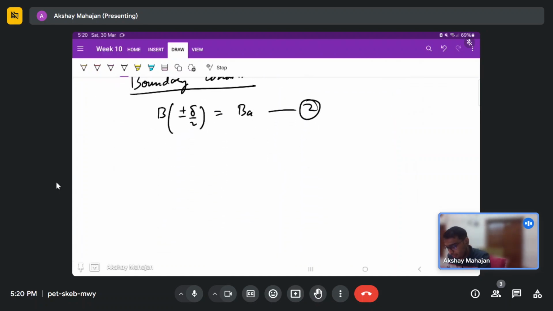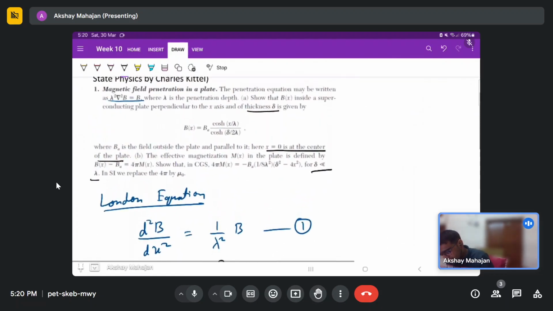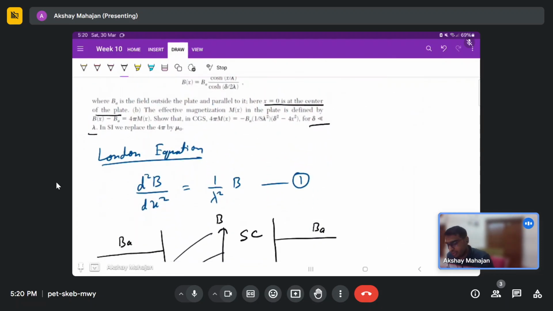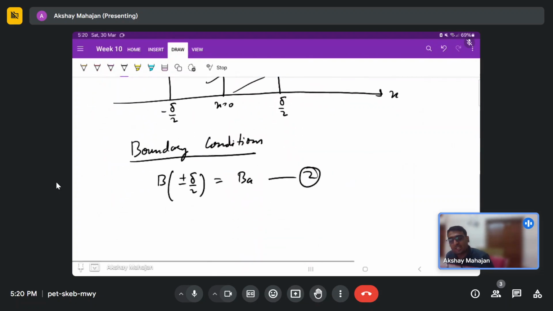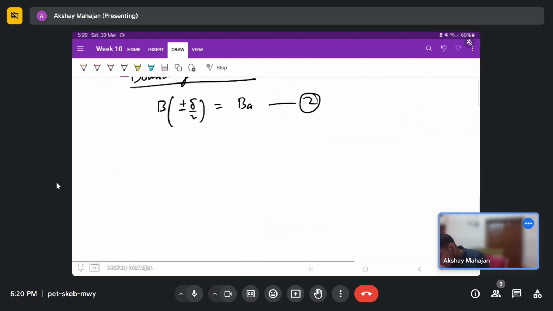One way to prove that this b(x) follows this equation is that whatever b(x) is given to us should satisfy this London equation as well as the boundary condition. So for part A, where we have to show that b(x) is as supposed, let's assume that our b(x) satisfies both equation number 1 and 2.